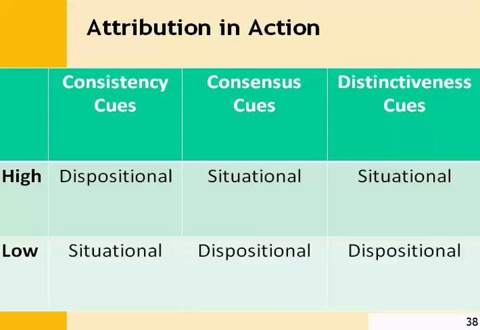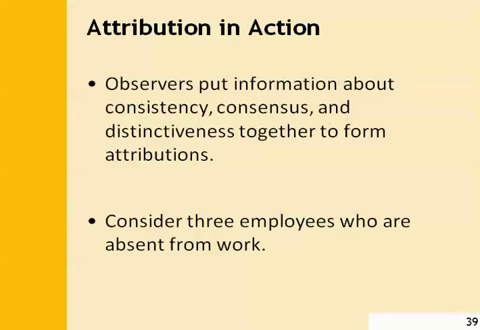Okay, let's have an exercise to show how we practice attribution in our work life or in our university life. Observers put information about consistency, consensus, and distinctiveness together to form attributions. Consider 3 employees who are absent from work.